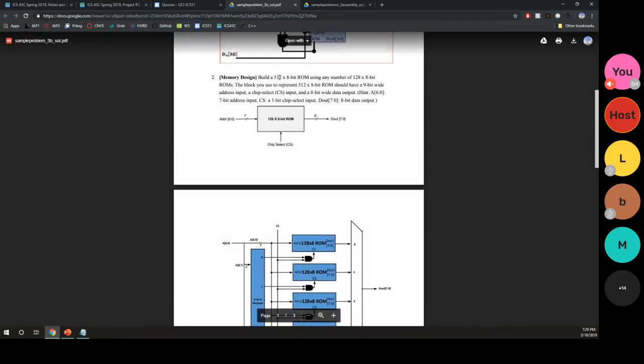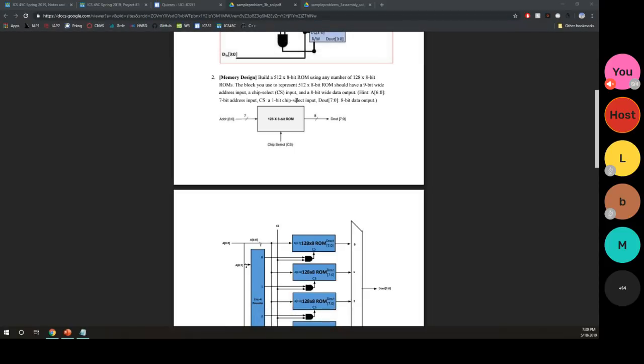This one says build a 512 by 8 using any number of 128 by 8 bits. So again, this is just smaller stuff. 2 to the 7th is 128, because 2, 4, 8, 16, 32, 64, 128.